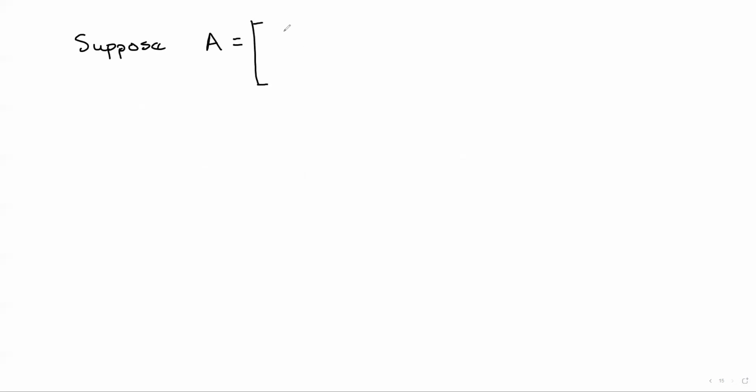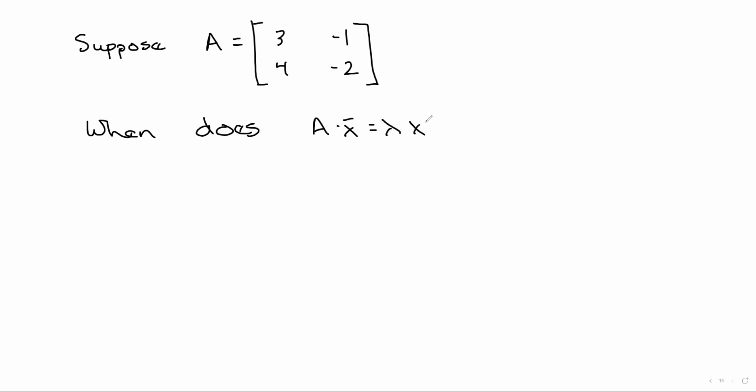All right, so we've got A is [3, -1; 4, -2]. And the question is, when does A times x equal lambda times x? That's another way of saying, when does [3, -1; 4, -2] times x equal lambda times x?